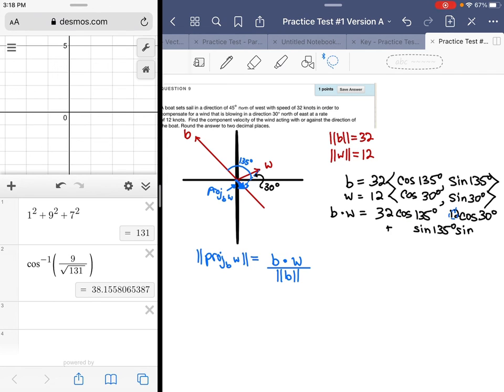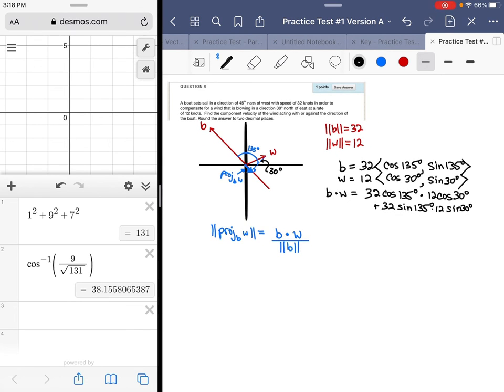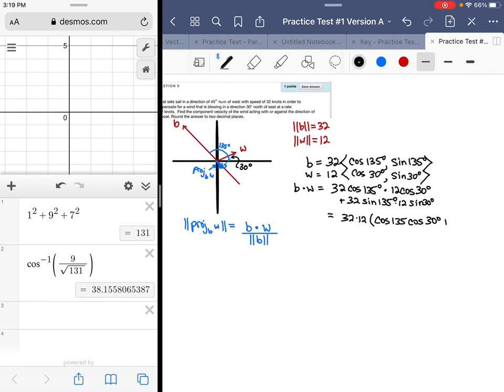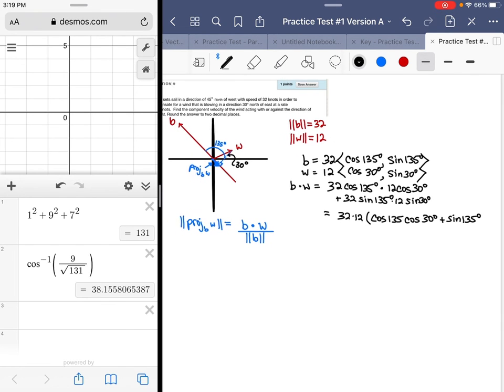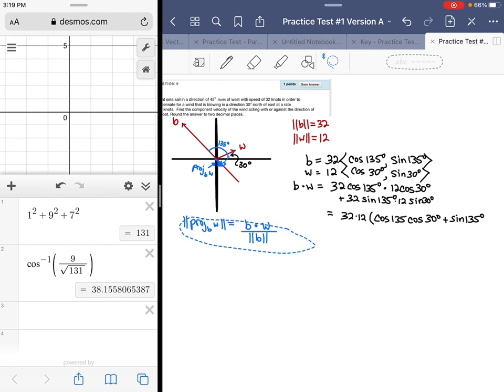All right, so we can factor out a 32 and a 12, and that's going to give us cosine 135 cosine 30 plus sine of 135 sine of 30.